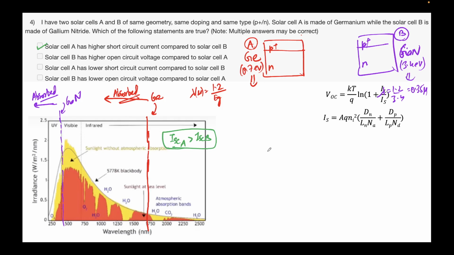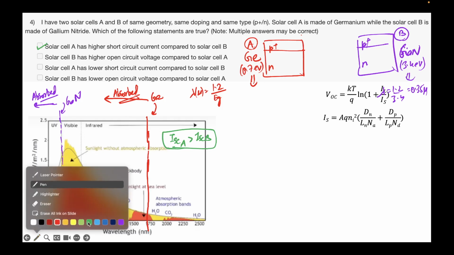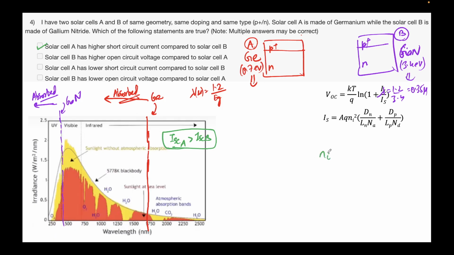I've talked about it explicitly multiple times: to first order, N_i squared is exponentially dependent on the band gap, inversely. So when the band gap of gallium nitride is 3.4 eV, with exponential dependence mind you, what this would mean is that I_s for gallium nitride will be much smaller than the reverse saturation current for germanium.